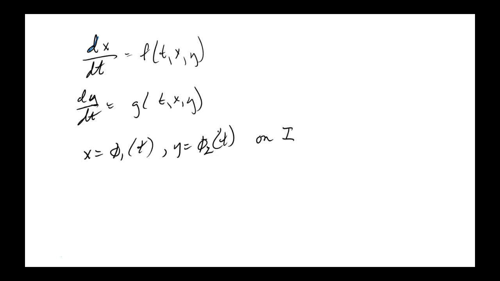If every solution of an nth order ordinary differential equation on an interval I can be obtained from an n parameter family, g of x, y, c1, c2, all that equals 0, by appropriate choices of the parameters, c sub i, i equal 1 to n, then we say that the family is a general solution of a differential equation.